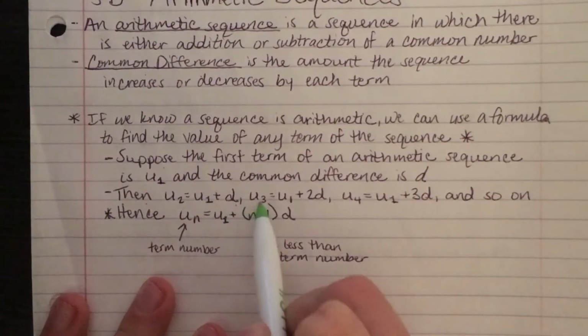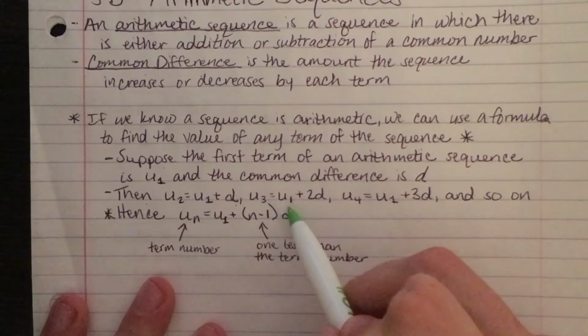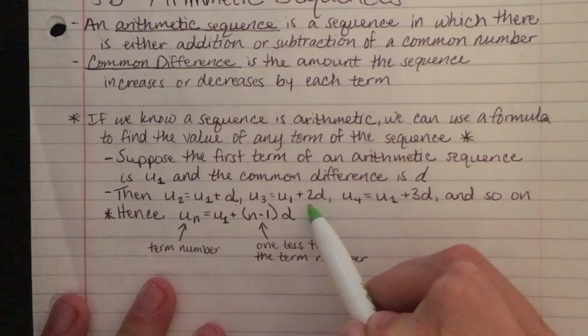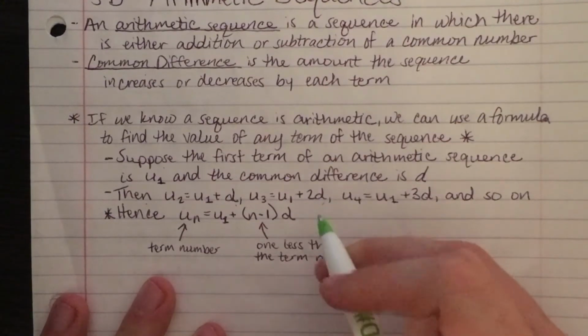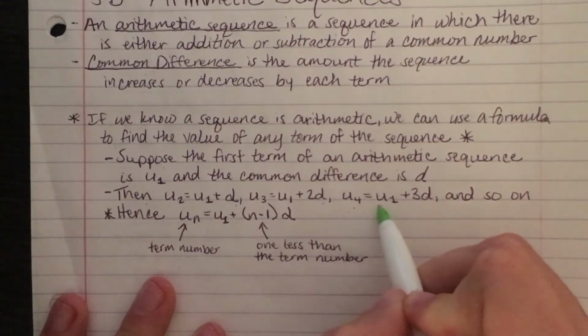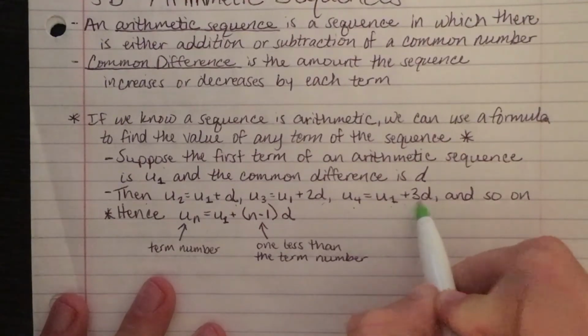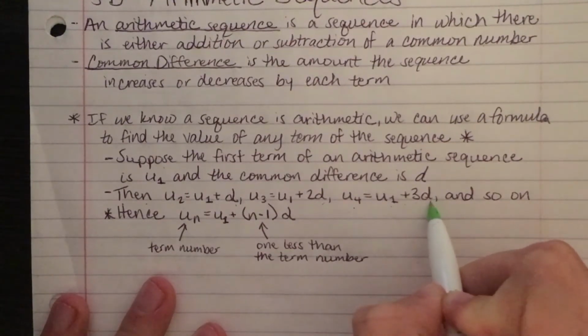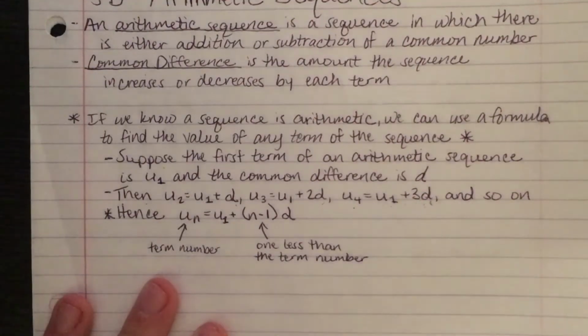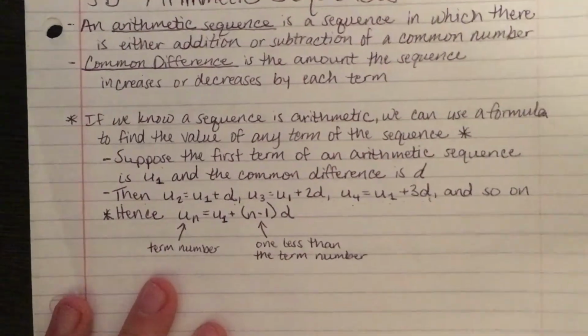We would get the third term by doing u sub 1 plus 2 times the common difference, or 2d, because that would be d plus d. And we'd get the fourth term by doing the first term plus 3 times the difference, so the first term plus d plus d plus d, and so on and so forth.